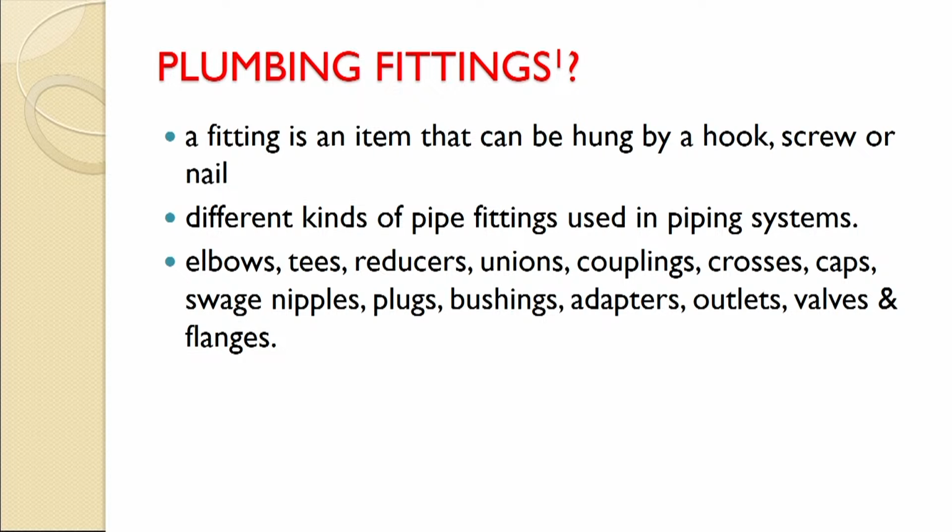Then reducer, when you have a large pipe and you want to transfer the water to a pipe of a lower diameter, then we use a reducer. Union, basically two pipes are joined together. Coupling, again joining of the pipes. Crosses, cap, swage nipples, plugs, bushing, adapter, outlet, valves, flanges.